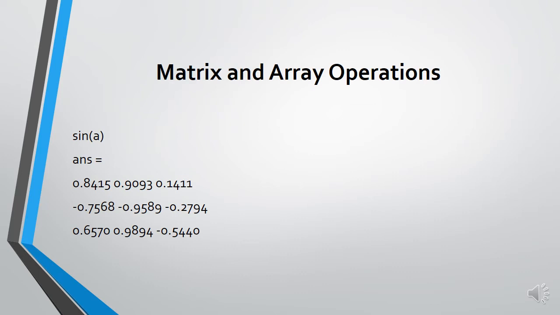We could also have an operation where we would like to find the sign of A, and MATLAB will compute that based on the array A that we created earlier on. I will use the word matrix and array interchangeably.